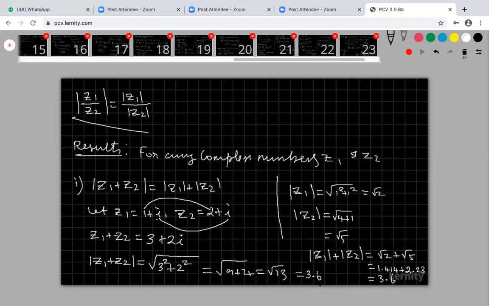Here I am taking approximations, so these two are equal. Therefore modulus of Z1 plus Z2 is equal to modulus of Z1 plus modulus of Z2 for any two complex numbers. Please try to understand this. This is the first result.